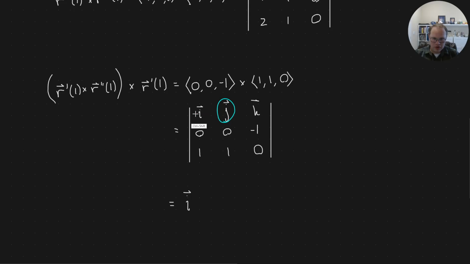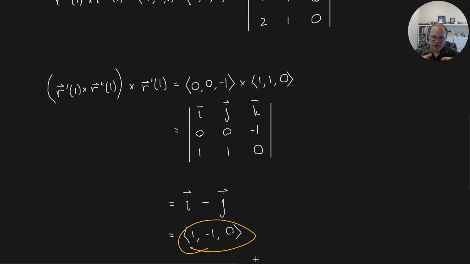For j, 0 minus negative 1 again, that's 1j. And then for k, 0 minus 0, so no k. And then alternate signs, plus, minus, and then plus if I had the k there, which I don't. Which means my vector is 1, negative 1, 0.